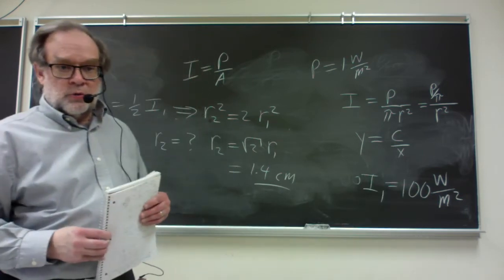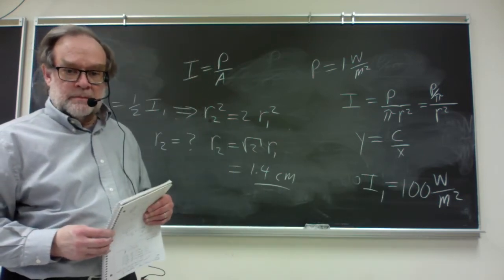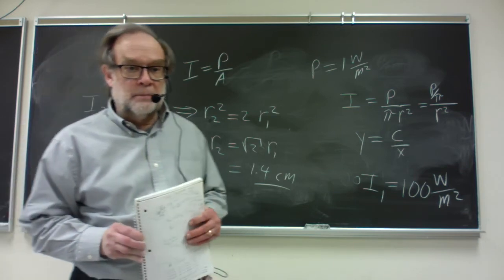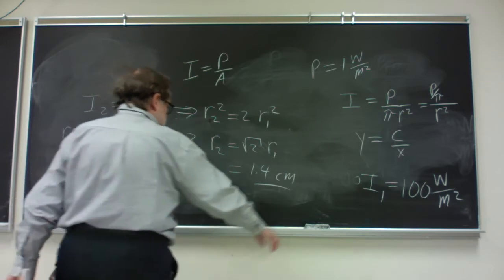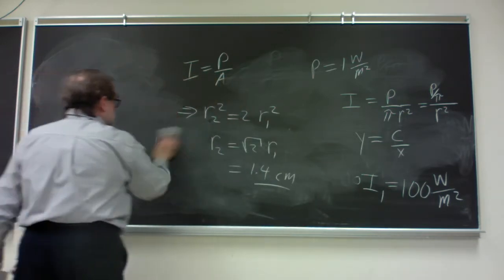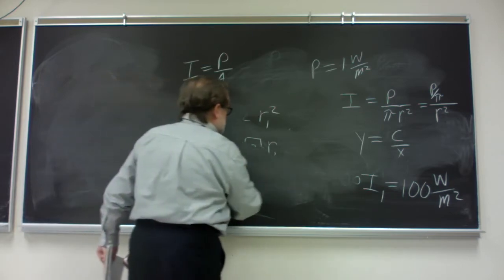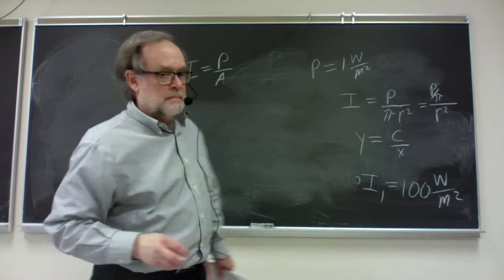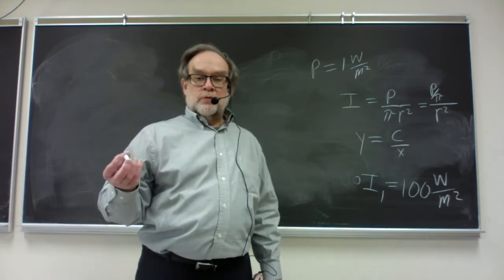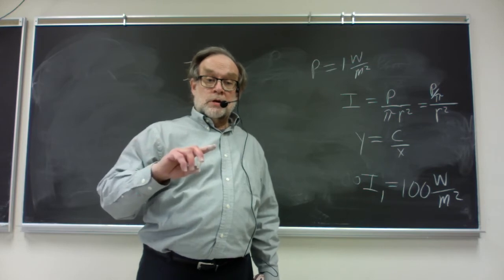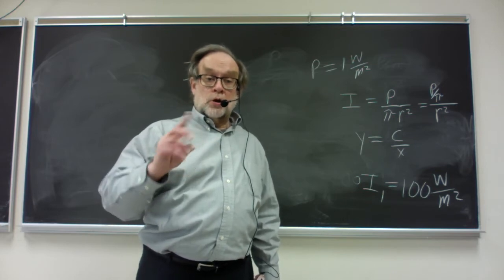But we like to have some kind of a scale that has more manageable, smaller numbers. And for that, we invent the decibel scale. And the decibel scale is a so-called logarithmic scale.